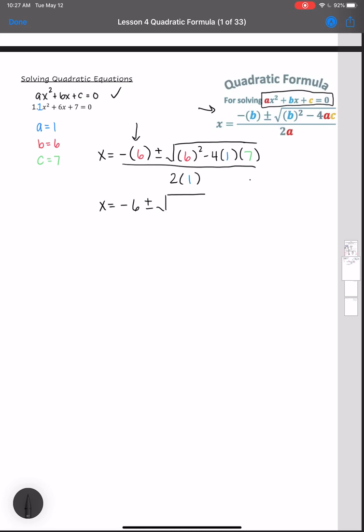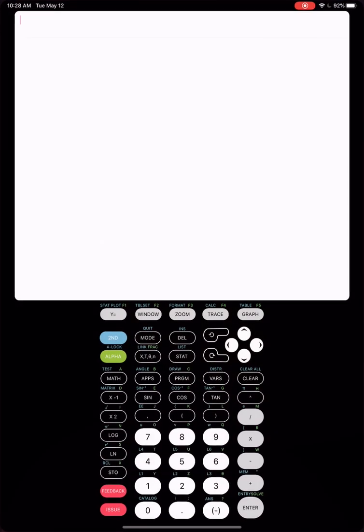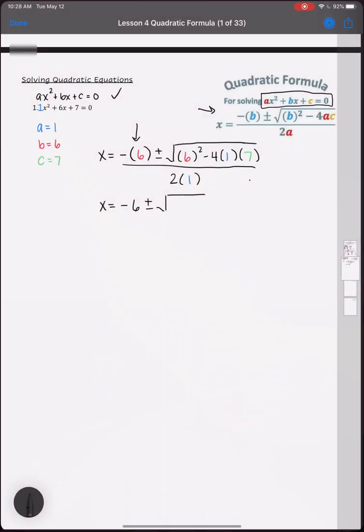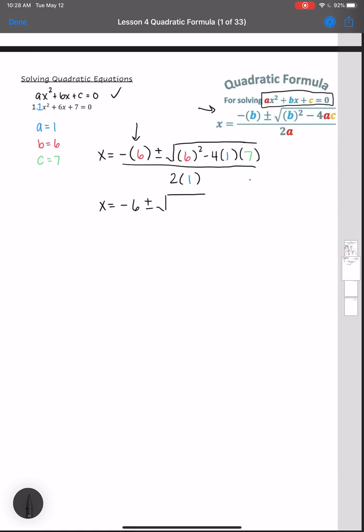So we're going to put in our calculator 6 squared minus 4 times 1 times 7, and that will give us an 8. So we come back here and we're just going to put radical 8. And that's all divided by 2 times 1, which is 2.